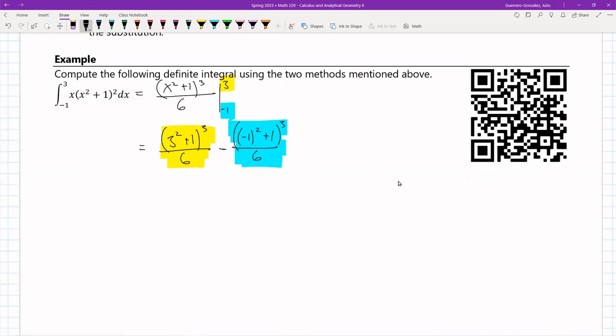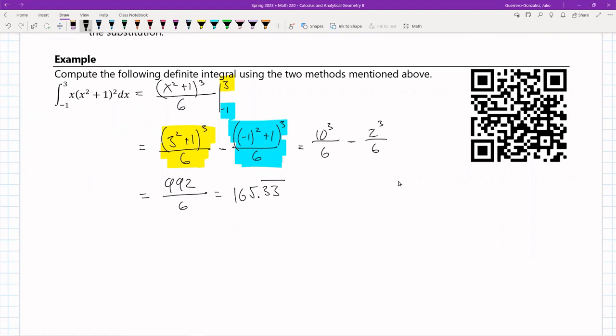If we do the math, 3 squared is 9 plus 1 is 10, so this is going to be 10 cubed over 6 minus 2 cubed over 6, and this is equal to 992 divided by 6, and if you needed to compute this out, 165.33 repeating.